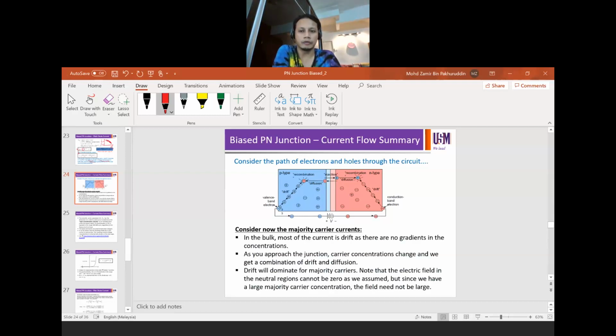If we look at the majority carriers, that means the carriers that form the material on the P side or N side. If you have a P type on the left, your majority is hole. If N type on the right, the majority is electron.